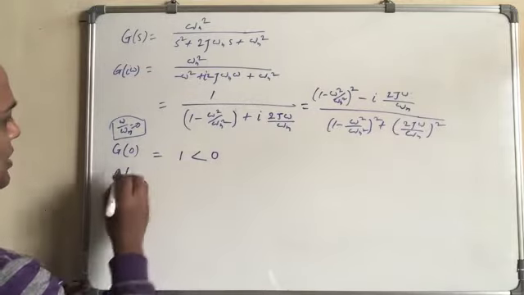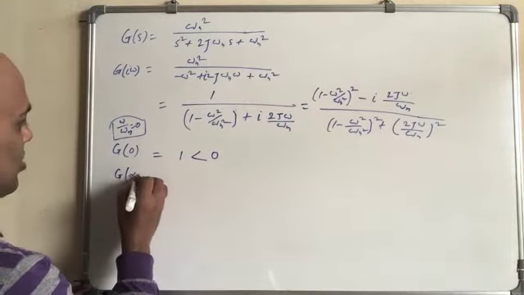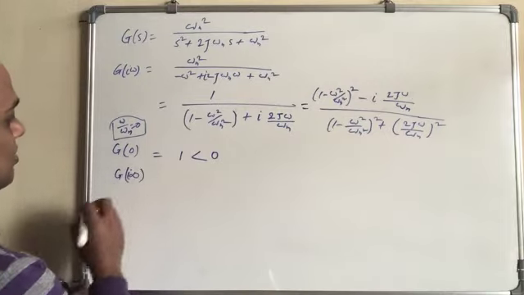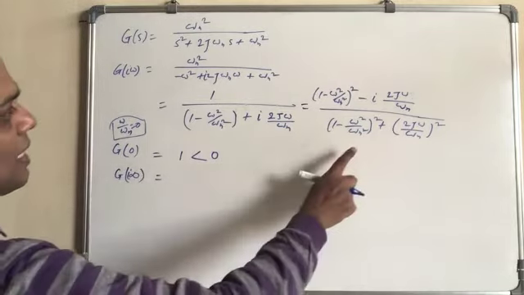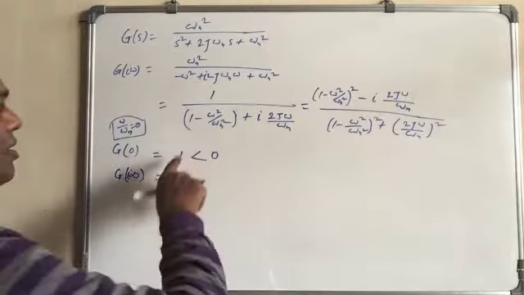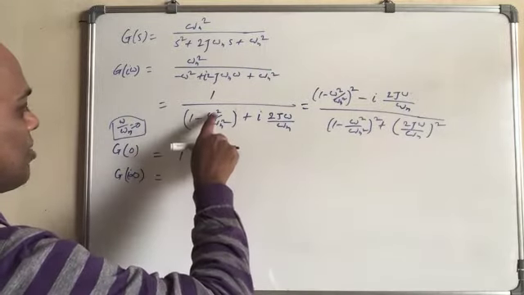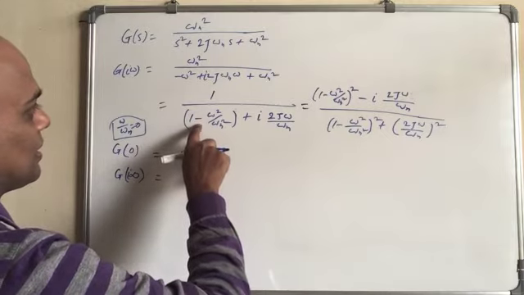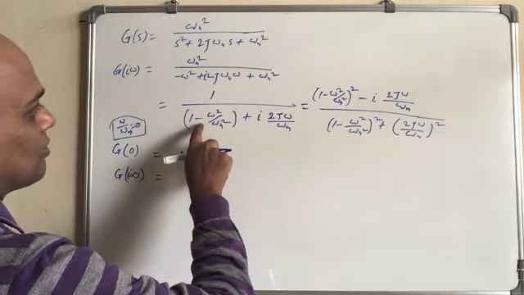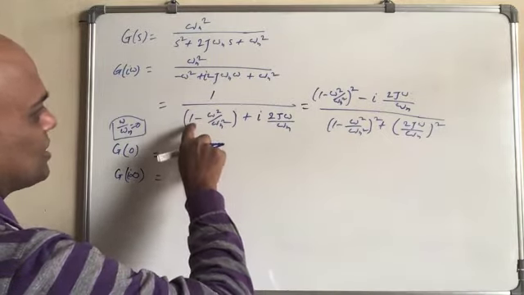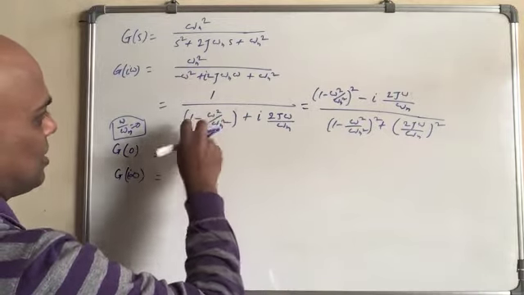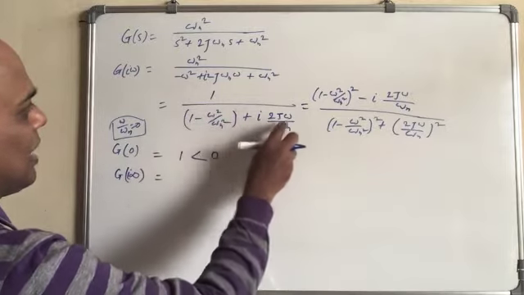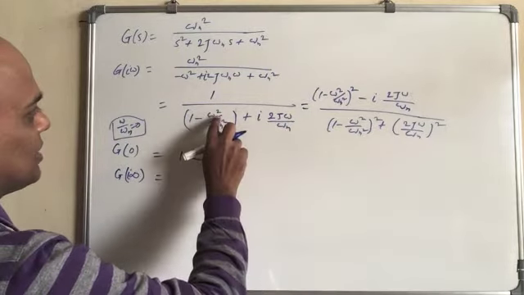Okay, done. Now omega equal to infinity. In that case, what happens? When omega is infinity, this term will be very small in comparison with this term, and this term will be small in comparison with this term.